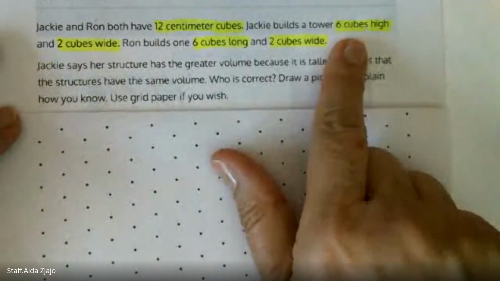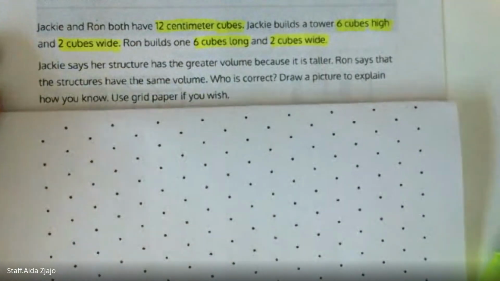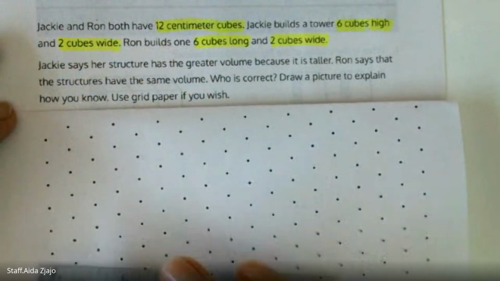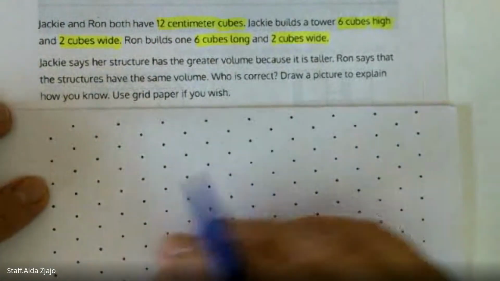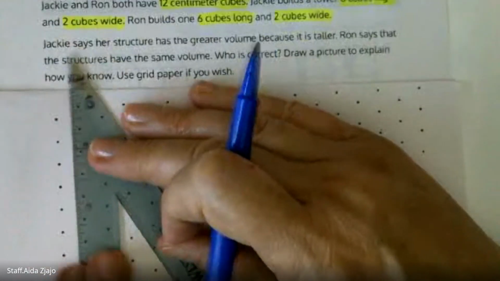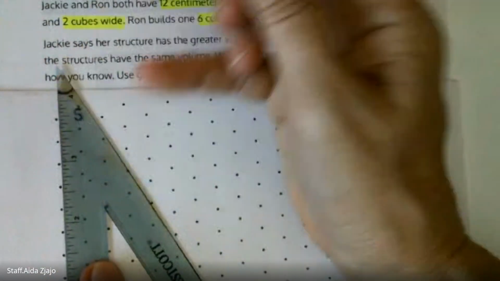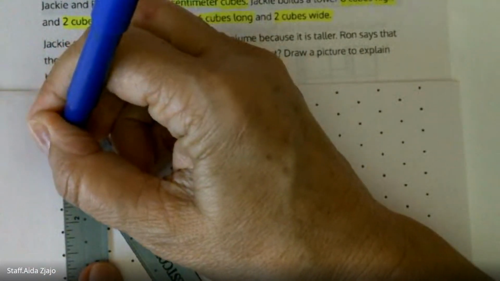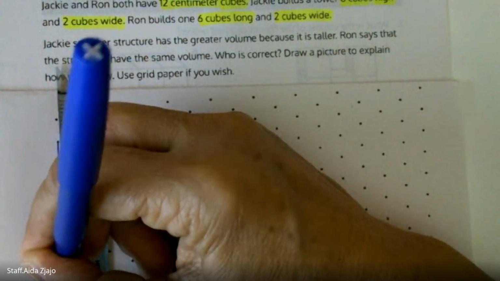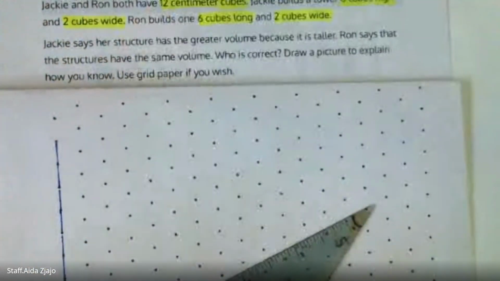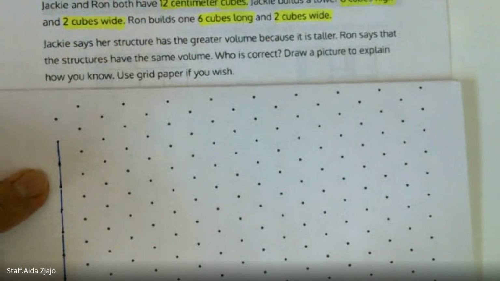So I need a height for Ron to prove how his prism looks. So the height is 6. If I take this, I can say 1, 2, 3, 4, 5, 6, that's 6 height, right? And then it is 2 wide.